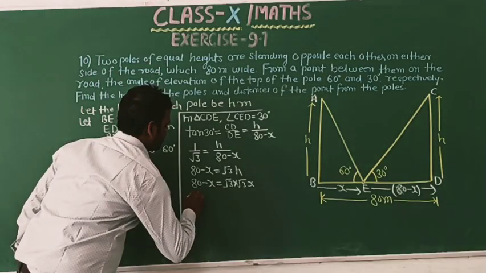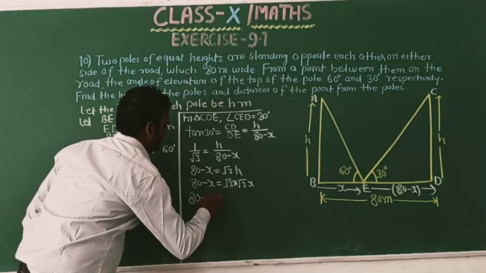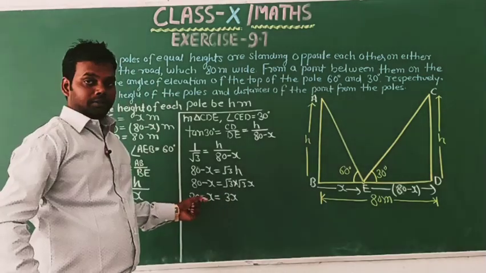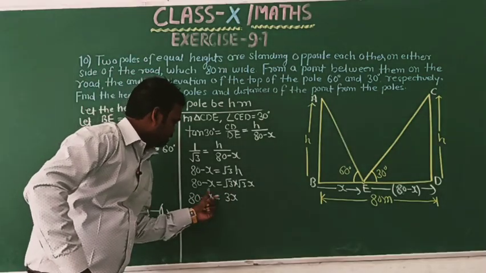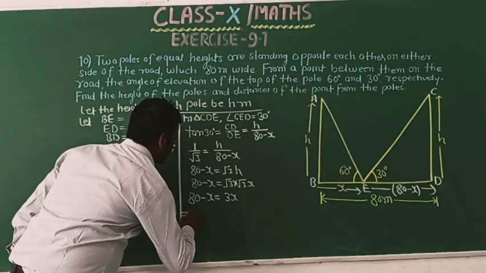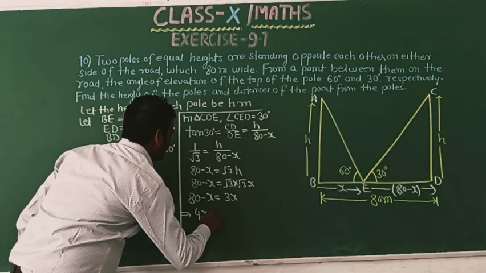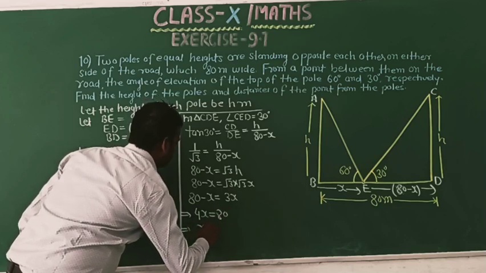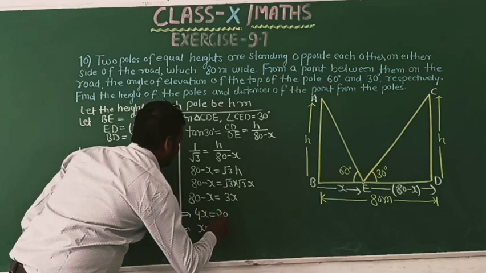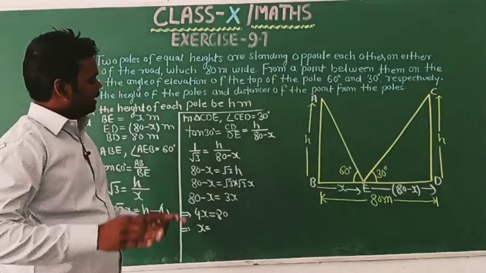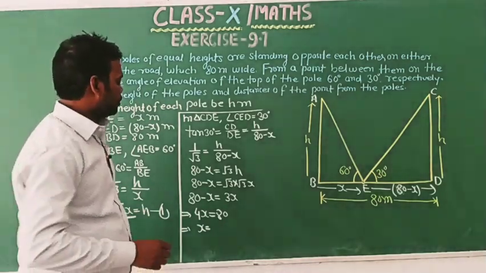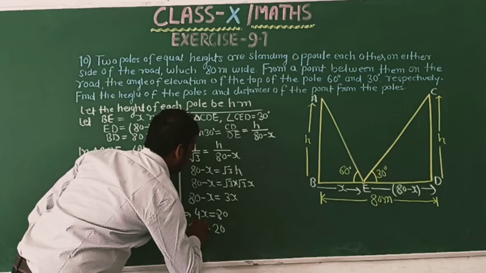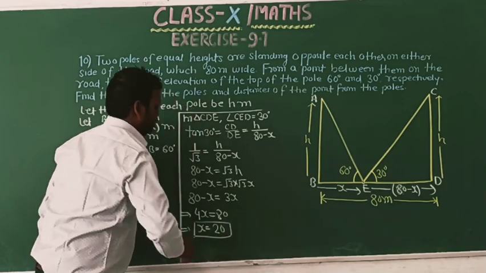Now simplify this: 80 minus x equals 3x. Shifting minus x to the right side, this becomes 4x equal to 80, and finally we get the value of x equal to 80 divided by 4, which is equal to 20.